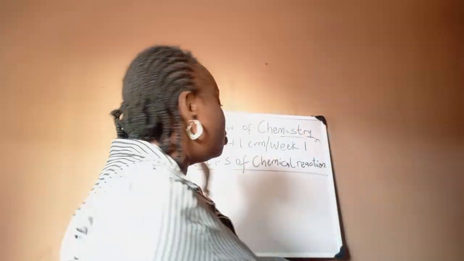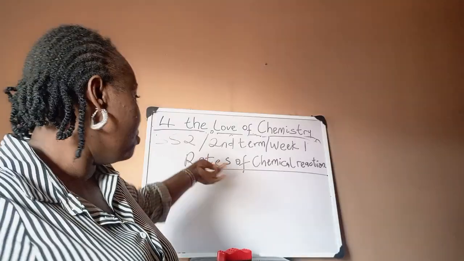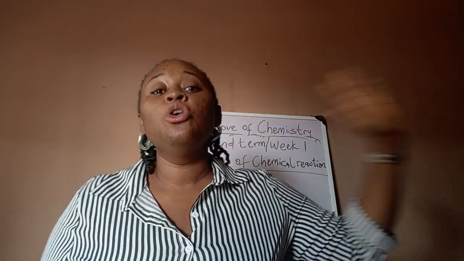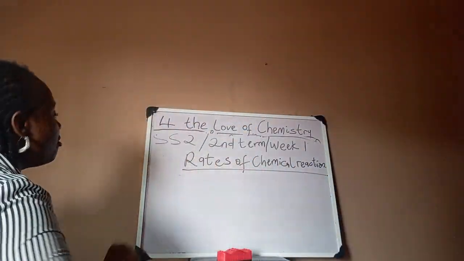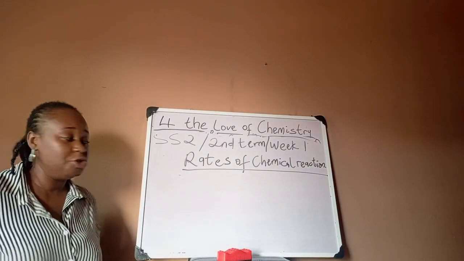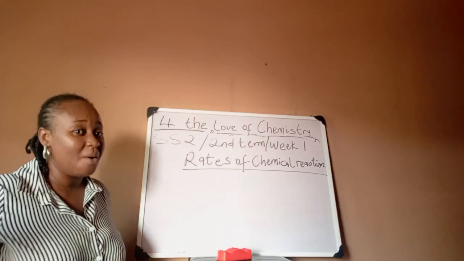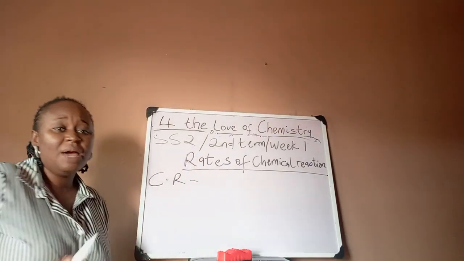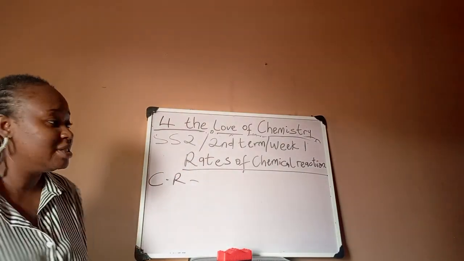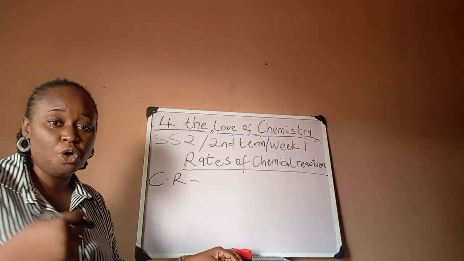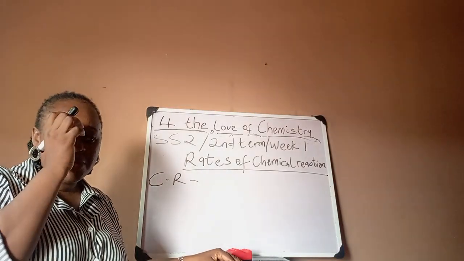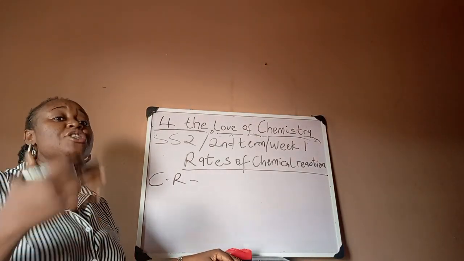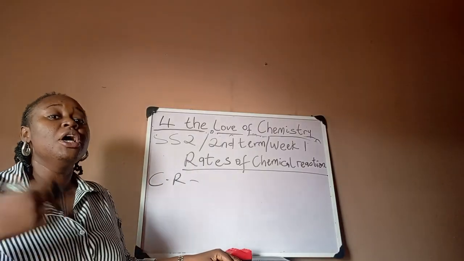Today we are going to look at the first topic, which is rates of chemical reaction. Before we can discuss the rates of chemical reaction, let us quickly remind ourselves what a chemical reaction is. A chemical reaction involves substances, which we call the reactants, being converted to a new substance, which we call the product.